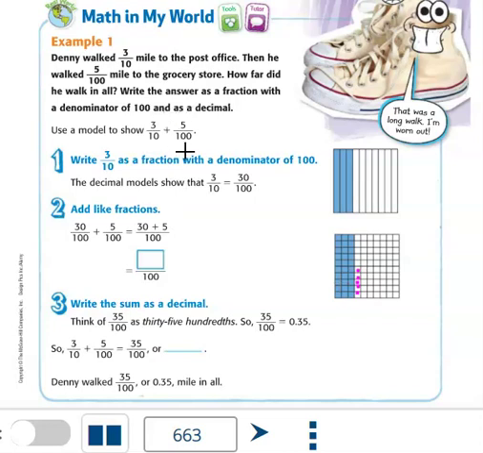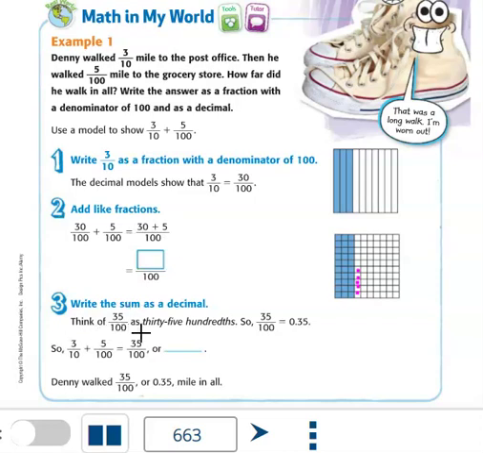And now we've got our 5/100 there as well. So we've got 30/100 plus 5/100, which would be 30 plus 5 over 100. So then our answer here is going to be, if you said 35, you got it right.